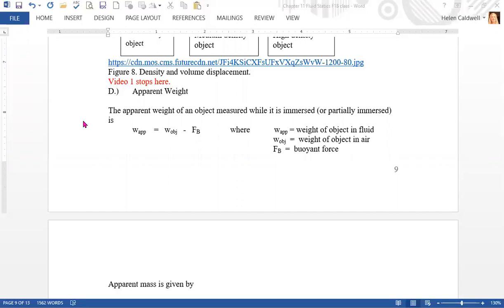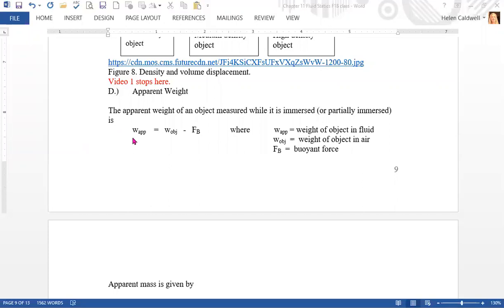So if you have an object in a fluid, its weight will be different from its weight in a vacuum. So the apparent weight of an object is measured when it's immersed or partially immersed in some kind of a fluid, so a gas or a liquid.